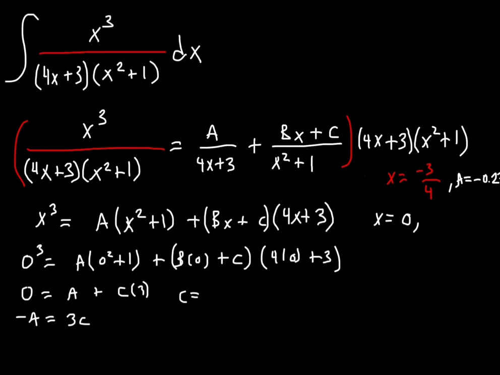C is equal to negative A over 3. So C equals negative of negative 0.27. Negative times negative gives positive. That means C is equal to 0.09, or simply 9 over 100.